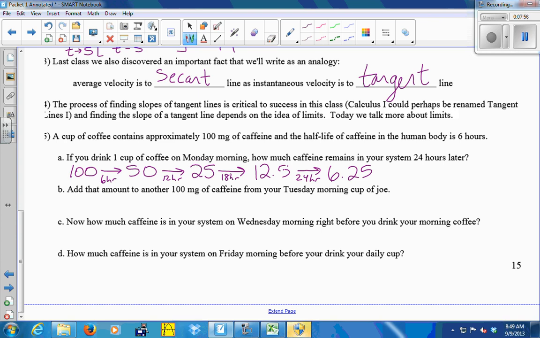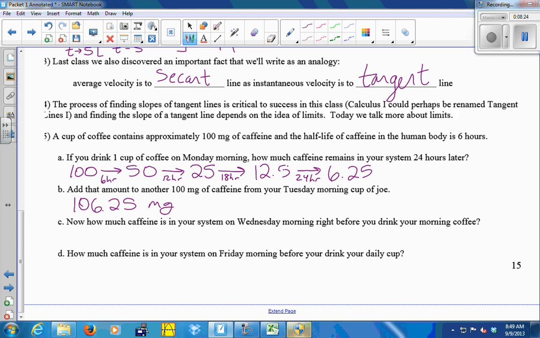But it's 24 hours later, a full day has passed, and I go buy another cup of coffee, right? So I add another 100 milligrams of caffeine into my body, and I still have 6.25 milligrams coursing through my veins, right? So add that amount to my 100 milligrams from my Tuesday morning cup of joe, right? So I now have 106.25 milligrams.